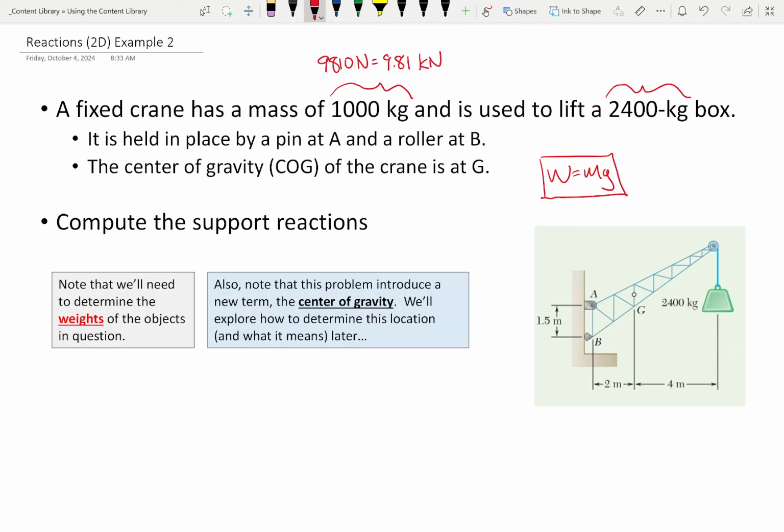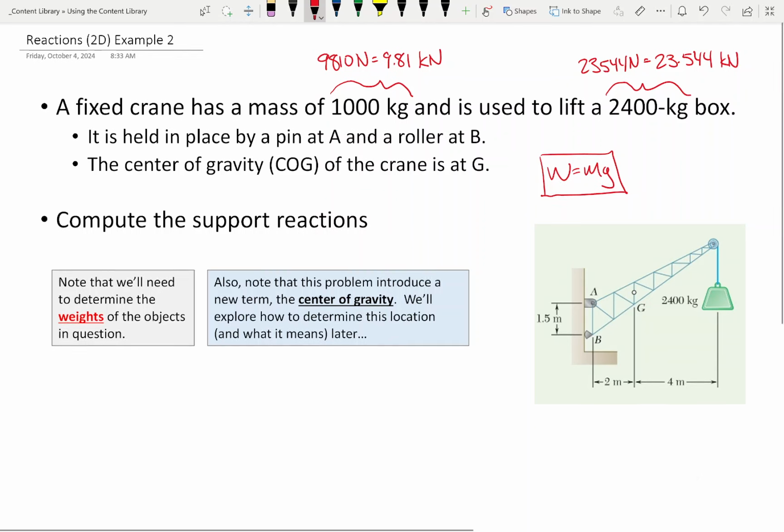We'll squanch that a bit. And this one's going to be 23,544 newtons or 23.544 kilonewtons. Okay. Does everybody have this?